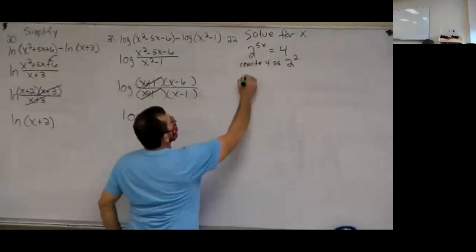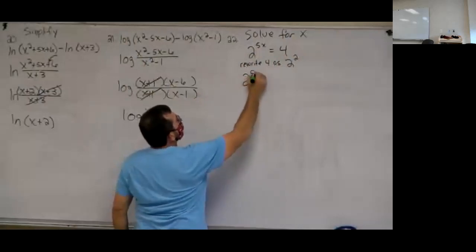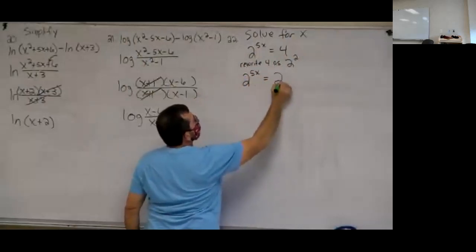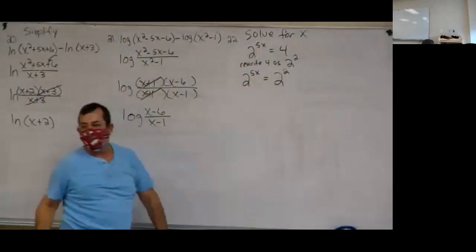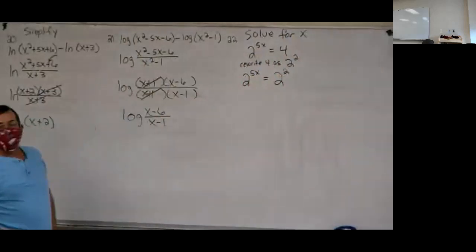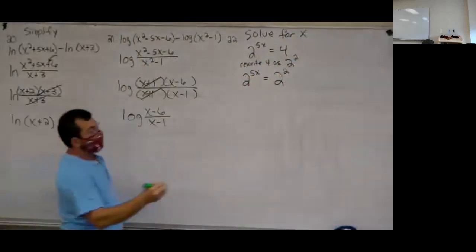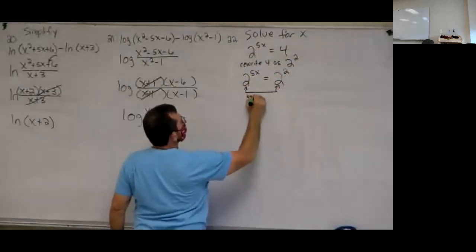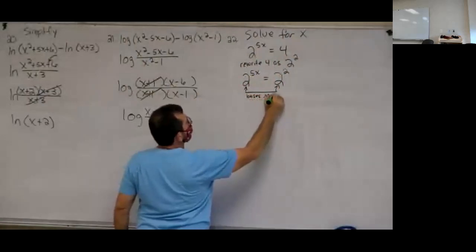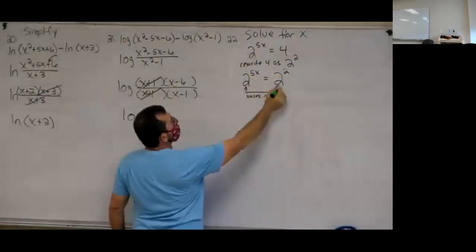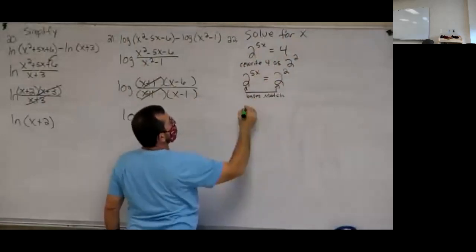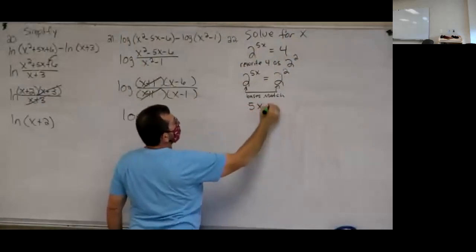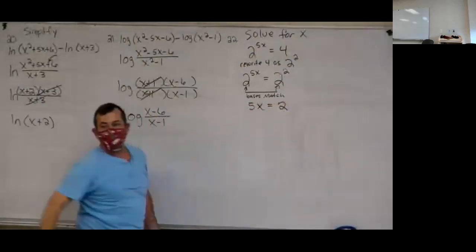Because now I'll have 2 to the 5x equals 2 squared, which means my bases match. Any time bases match, that means the exponents are equal. So 5x has to equal 2.